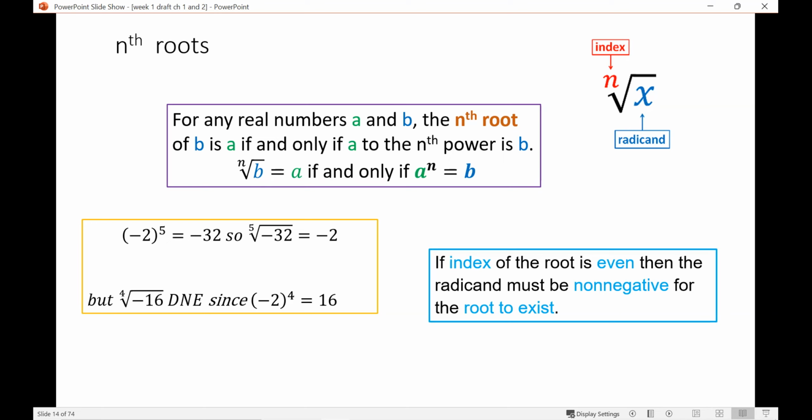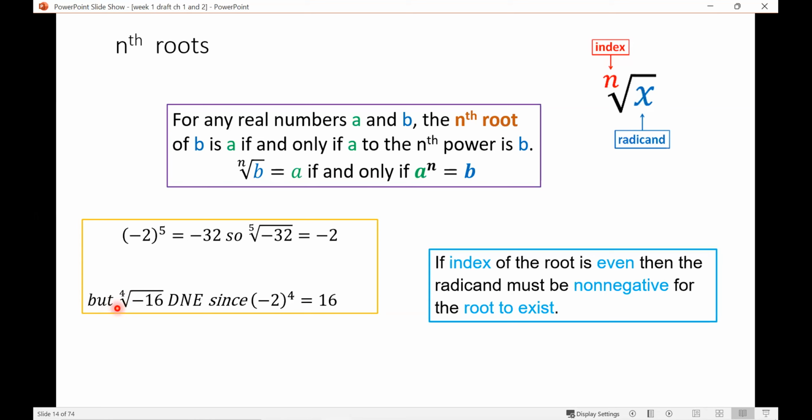Okay. So it's really the same definition. Here we can take something like a 5th root. So the fifth root of negative 32 is going to be negative 2. And that's because negative 2 to the 5th is negative 32.